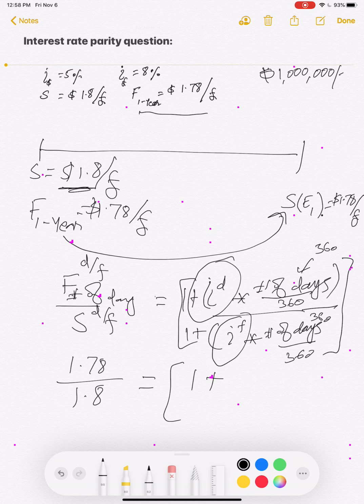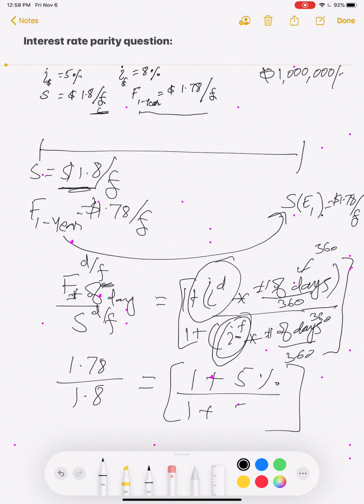So this is 5%, divided by 1 plus the interest rate for the foreign currency, F, which is the pound, because over here in the base we have the pound. So the pound is the 8%, right?